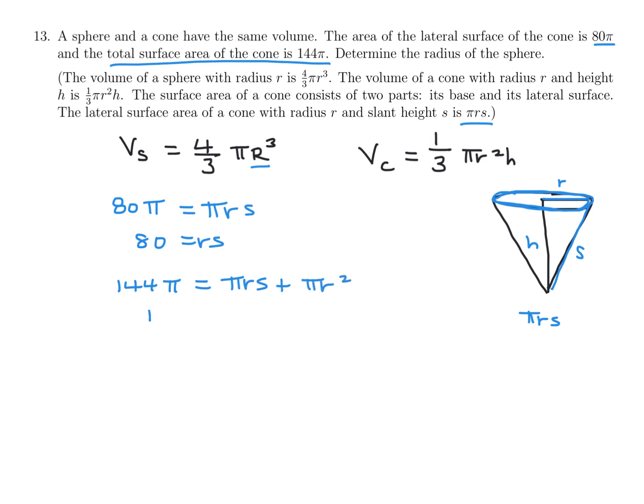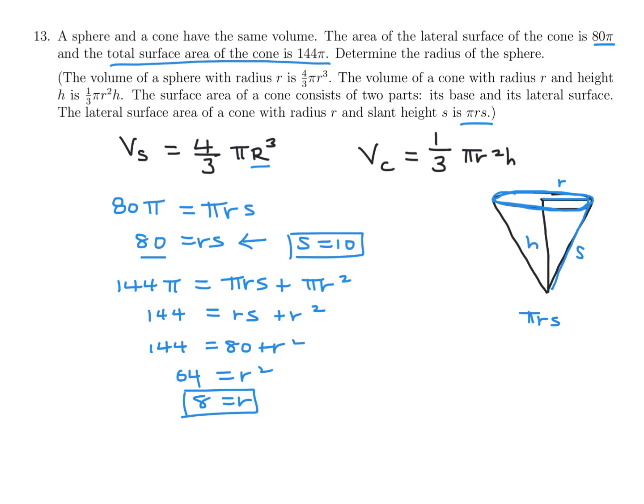So the pi's go, so this is just 144 is rs plus r squared. Now rs is 80, so that helps. 80 plus r squared. So that means r squared would be 64. Oh, okay, so r is 8. Then I can go back to here, plug in that 8 for r, and that would mean s is 10.